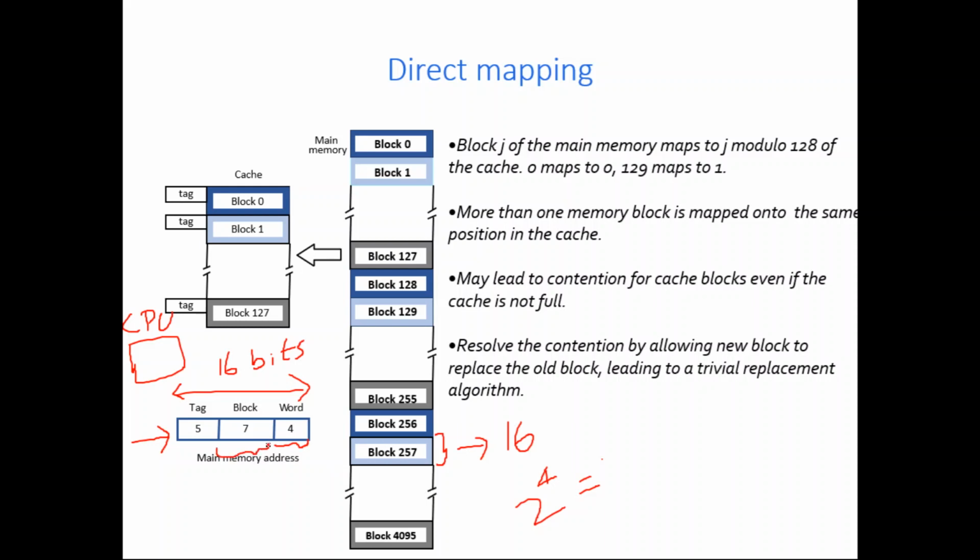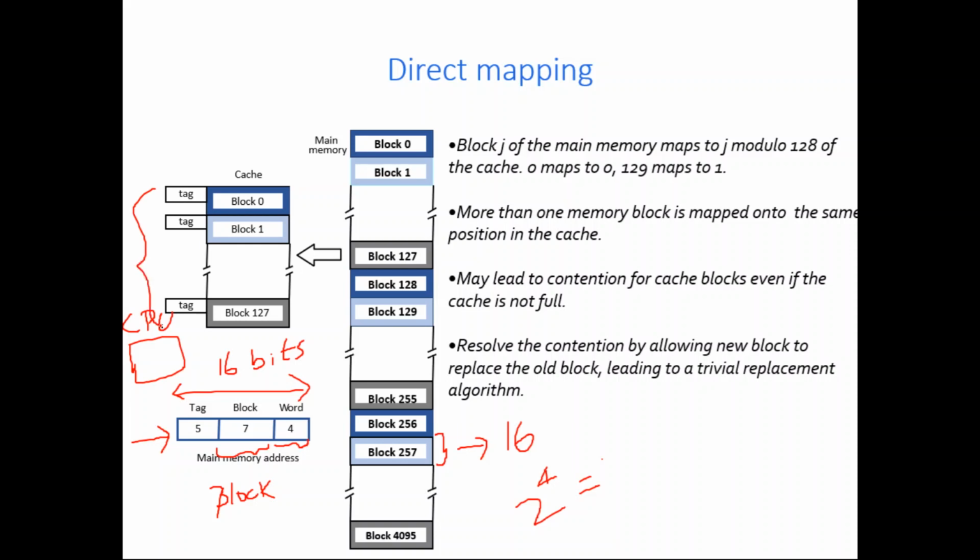The next 7 bits will refer to the particular block number. In total, how many blocks do we have in the cache memory?